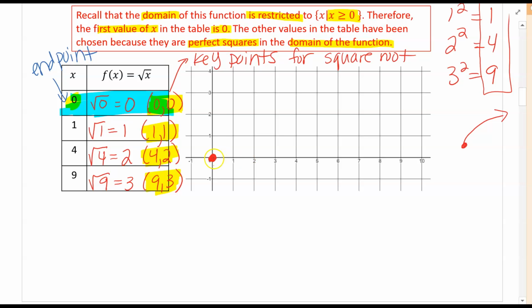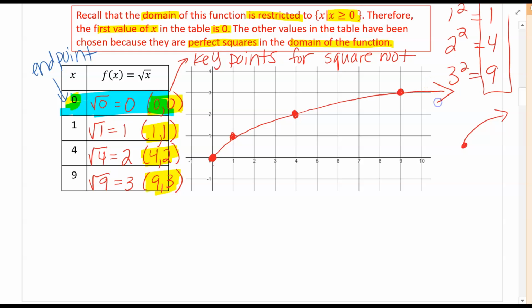All right, so then I'm going to go to 1, 1, 4, 2, so right 4 up 2. And then right 9 up 3. So at the 0, 0, that's my end point. So I'm going to start there, and then I'm going to curve it in the direction of the points.